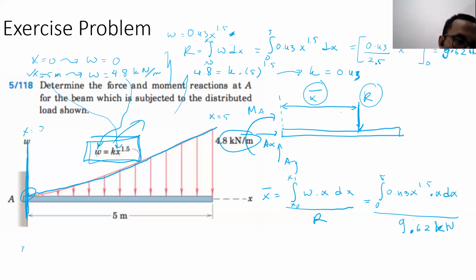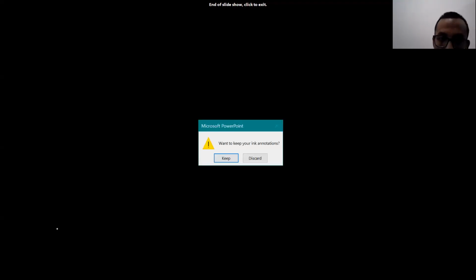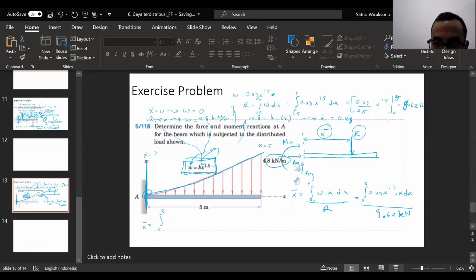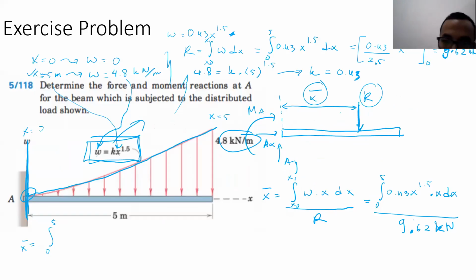So now I will put it here. x bar is equal to the integral from 0 to 5 of 0.43 x to the power of 2.5 dx, right? Yes.